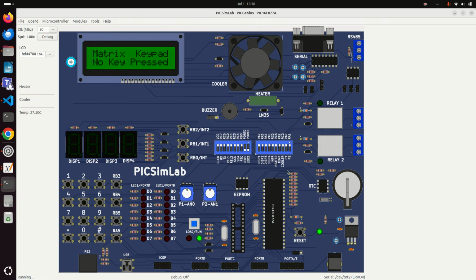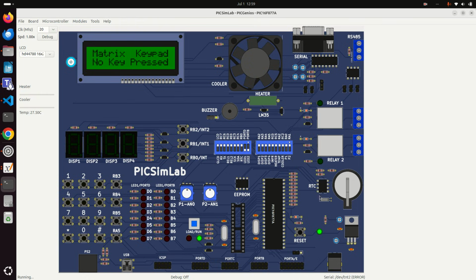So in the PICSimLab, whether it is an intraboard protocol or interboard protocol, here you can see chips are there, isn't it? So this is nothing but the intraboard protocol. Here you can see PIC16F877A, this one, and here we have RTC. Now let's assume both are communicating.